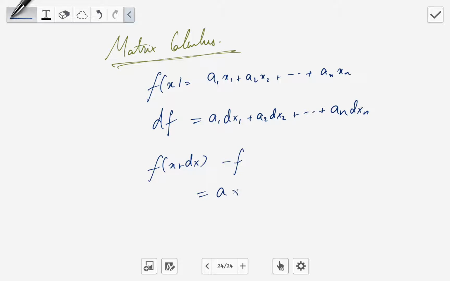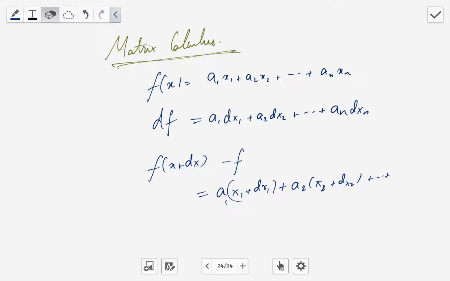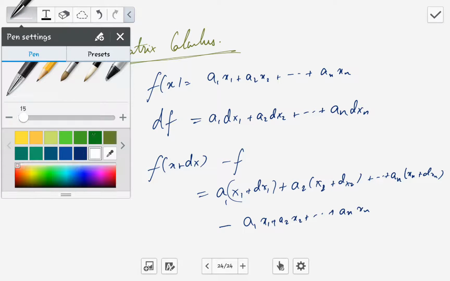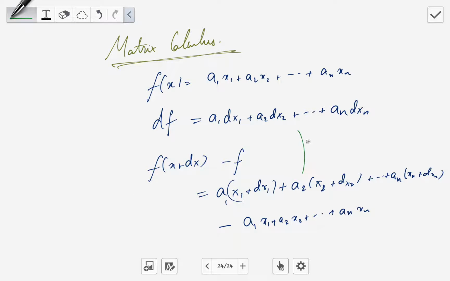That is a1 of x1 plus dx1, plus a2 of x2 plus dx2, plus so on up to an of xn plus dxn, minus f, which is a1 x1 plus a2 x2 plus so on up to an xn. This gives you this. Right?